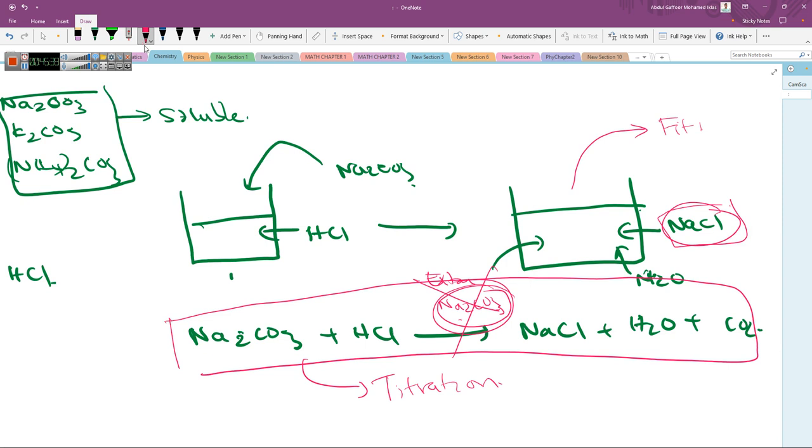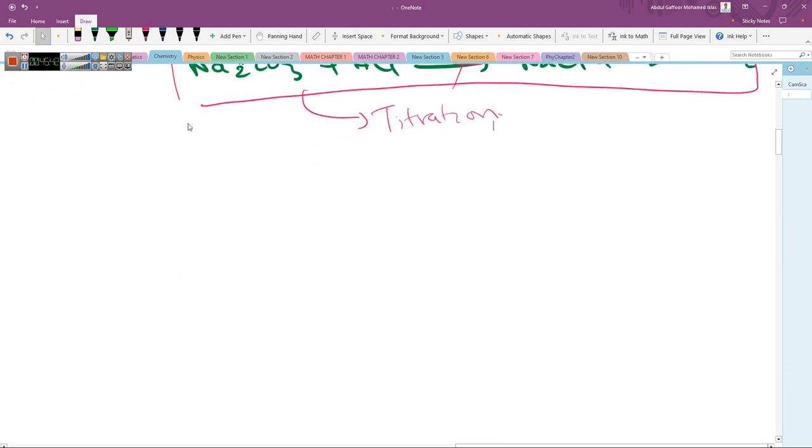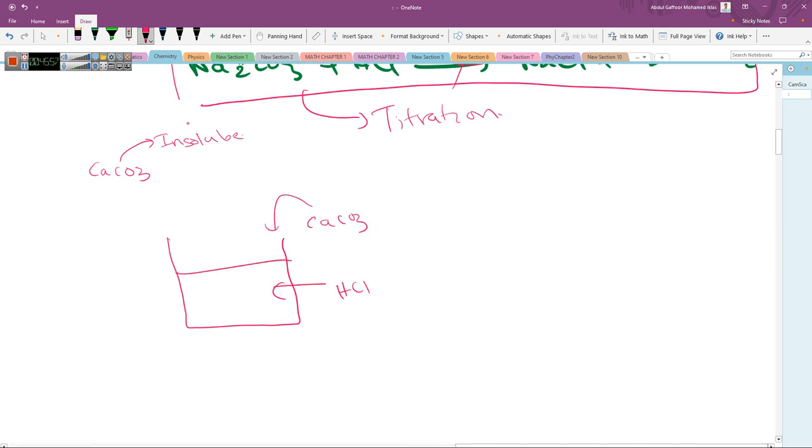But if you take, for example, calcium carbonate, which is insoluble, and put it into HCl, calcium carbonate plus HCl will give you calcium chloride plus CO2 plus water, right?